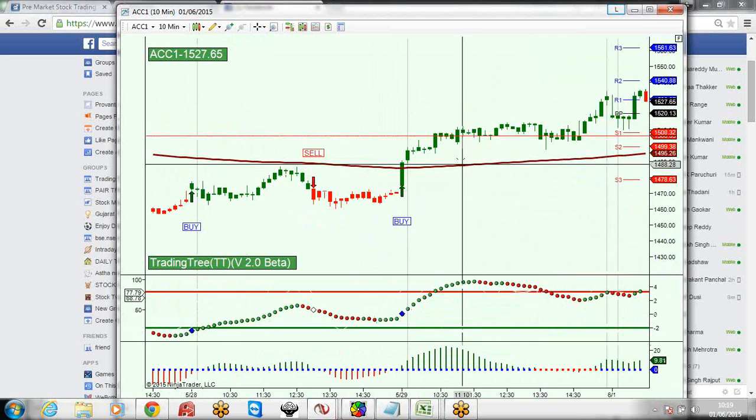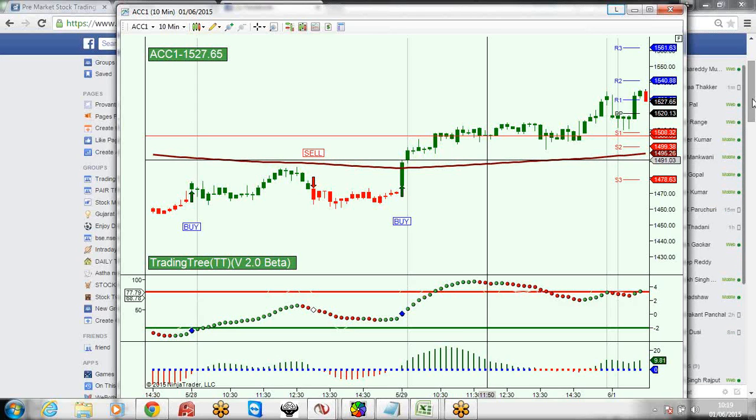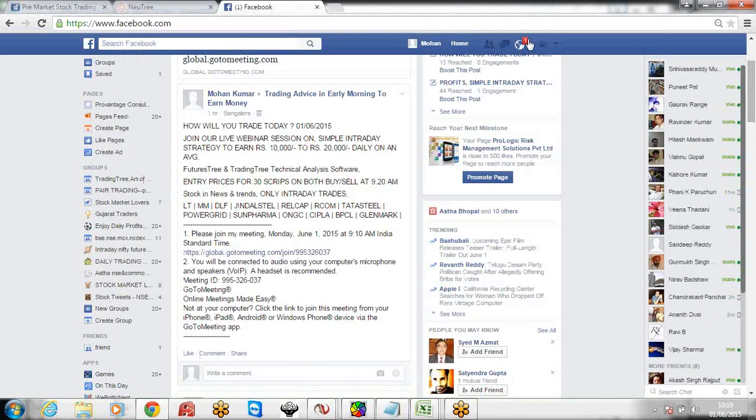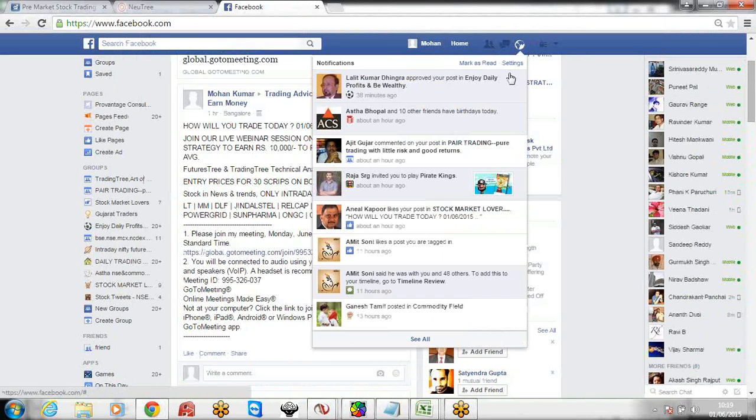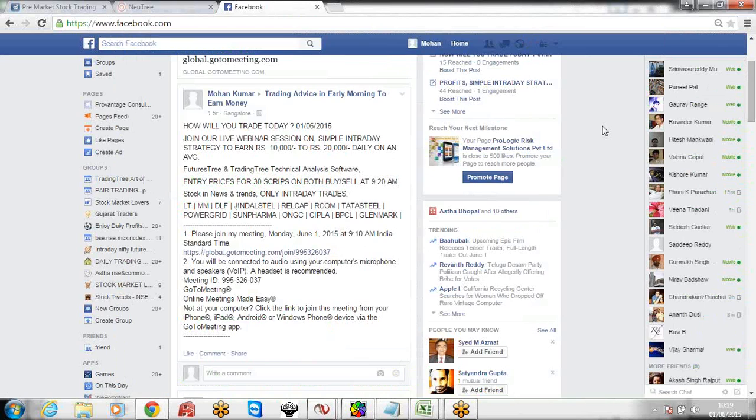Once your trend gets exhausted, the script becomes flat for a few days, and then again it will take another direction. So once you are with the same 30, you'll definitely make profits. And profits, I don't know how you look at profits. I look at profits at 10 or 20,000 rupees every day. It's a decent profit, and I'm talking about all the trades in single lots, not multiple lots.